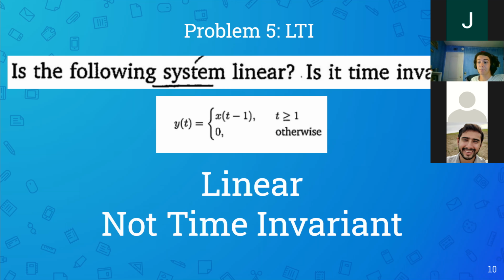And that's the side on the right that says t greater than or equal to 1. The idea is that when you shift this in time, that doesn't change this definition of t greater than or equal to 1 here, right? So what that means is, let's say I have the signal, x of t, and it is cut off after a certain point. It'll start here and then go down that way.